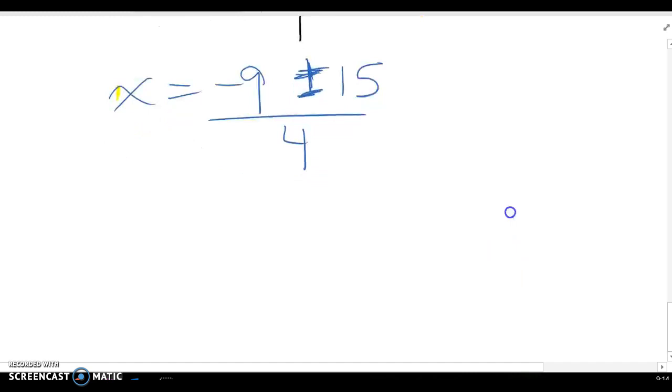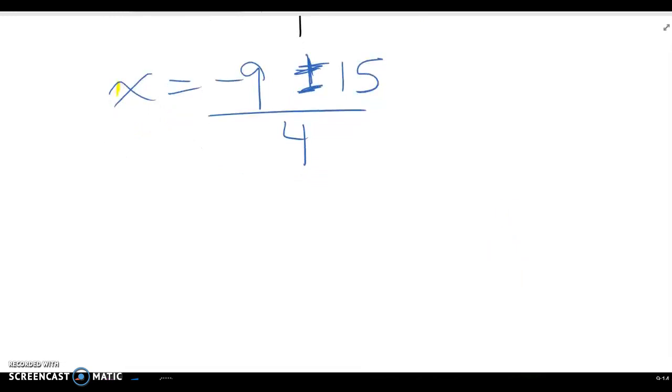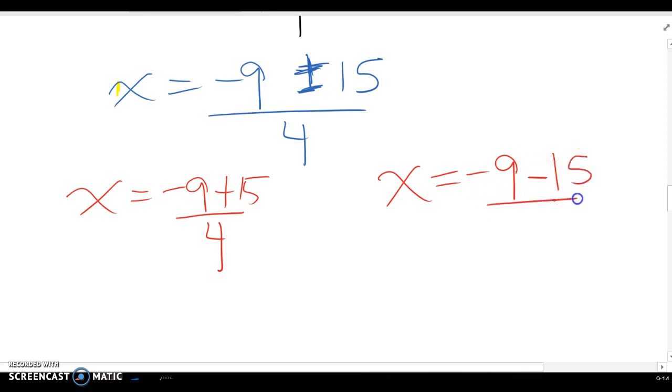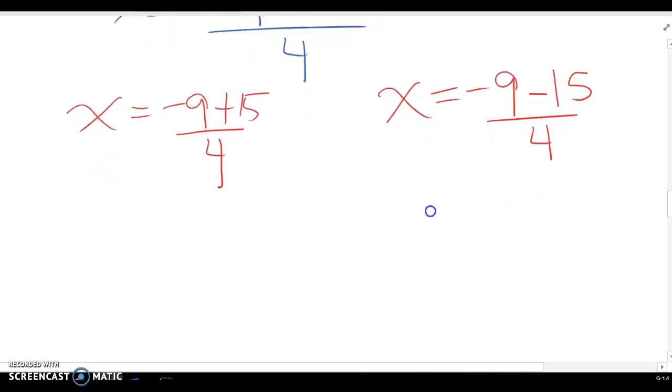We now need to separate that into two problems. X equals negative 9 plus 15 divided by 4 is one of our solutions. Our other solution, x equals negative 9 minus 15 divided by 4.